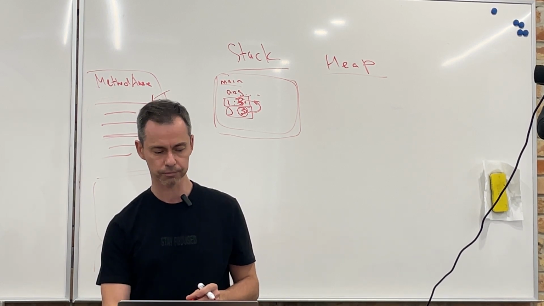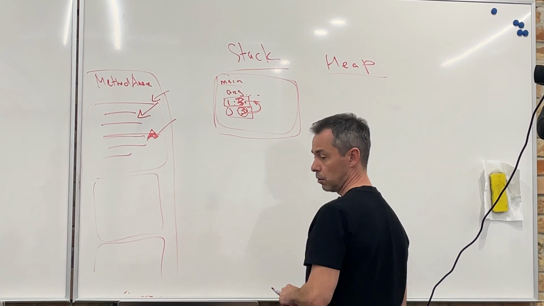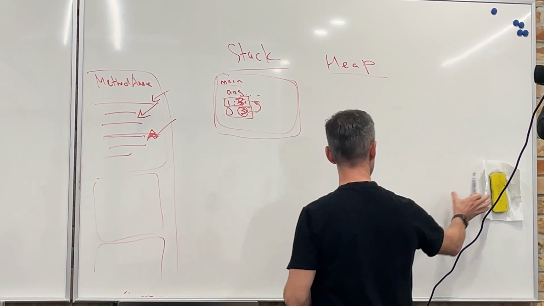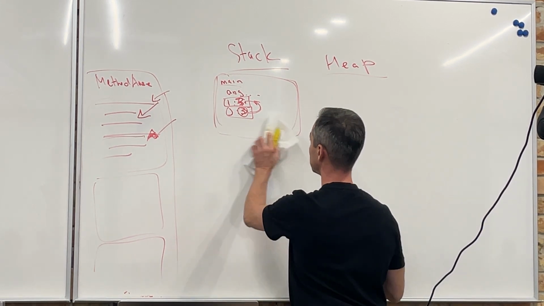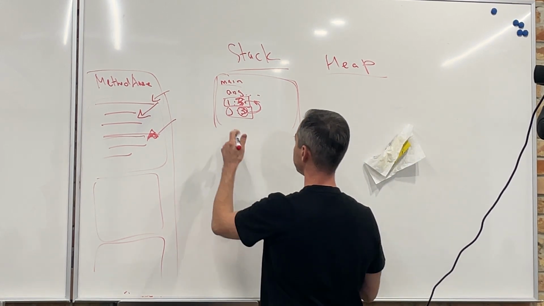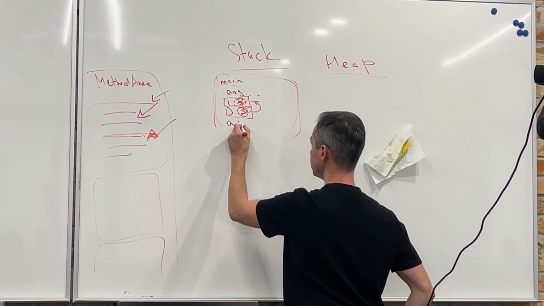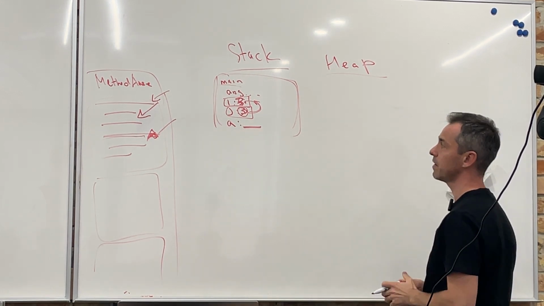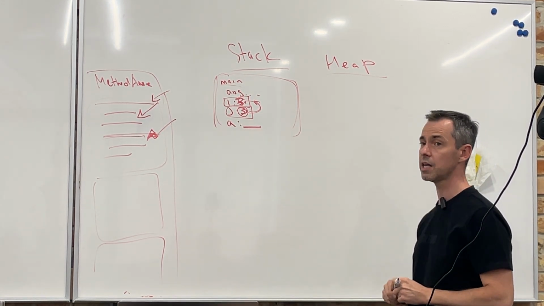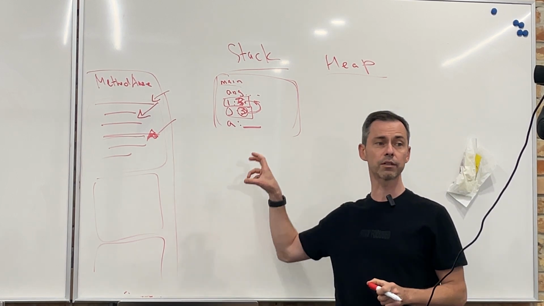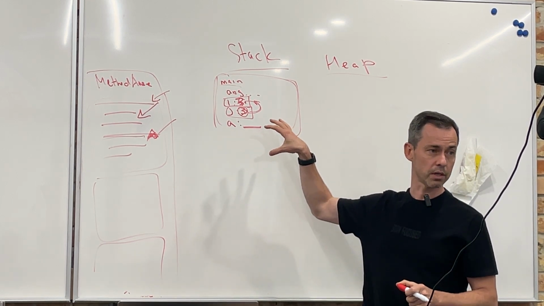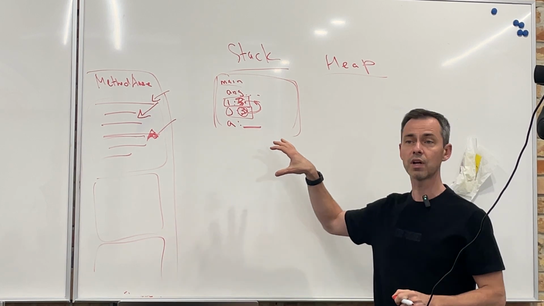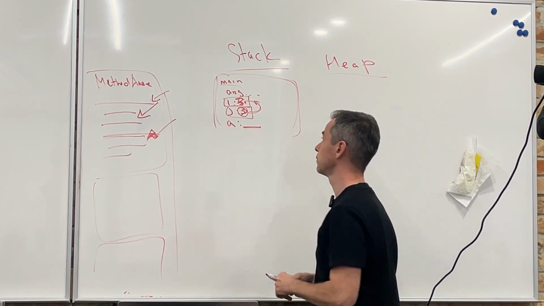What happened here? Yes, we created this variable a, but what is the value of this variable? The value of this variable, if to be precise, is not basically the exact object, but rather a reference to the object.